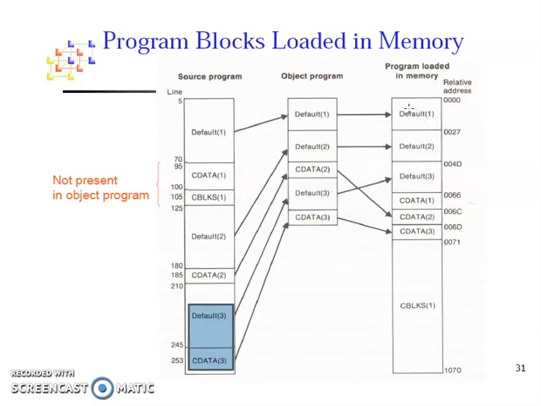Then program loaded in memory will be like default 1, 2, 3. The default blocks will be grouped together, and then C data blocks will be grouped together, and C blocks will be at the end, towards the end.